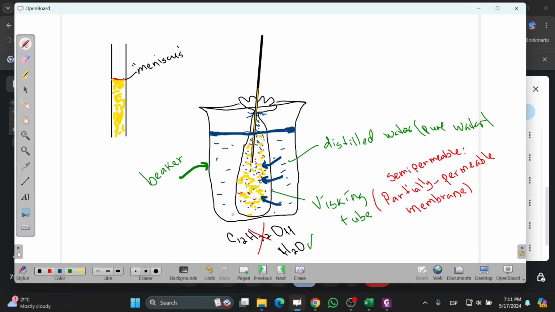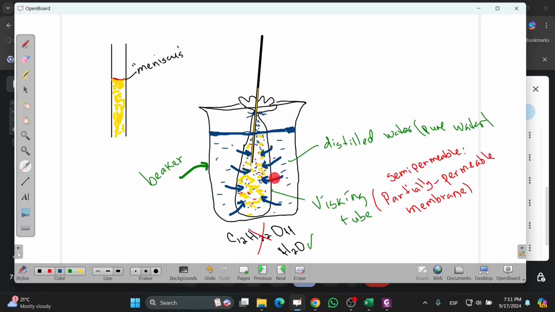The sugar will not be allowed to leave the Visking tube. Sorry, I didn't tell you that before. That's why you may have said that the water will be contaminated, because I didn't say that the pores were not big enough to allow the sugar molecules to move through. Sorry about that, guys. I didn't give you that piece of information before.